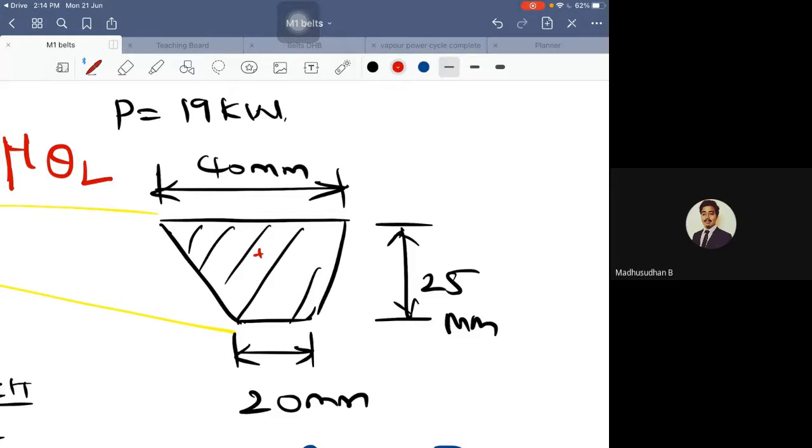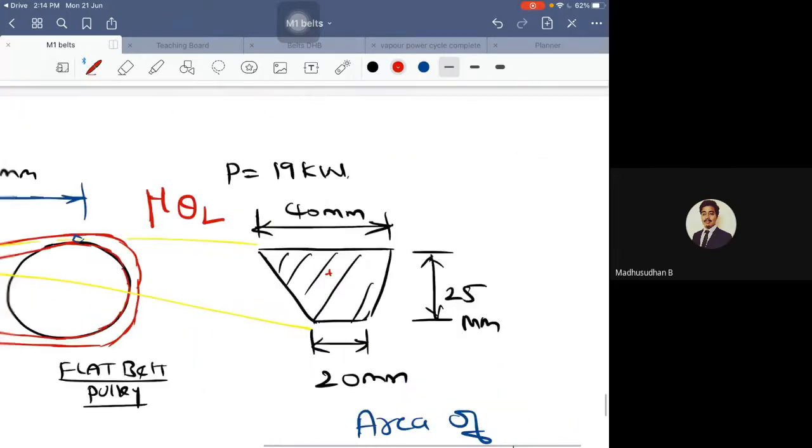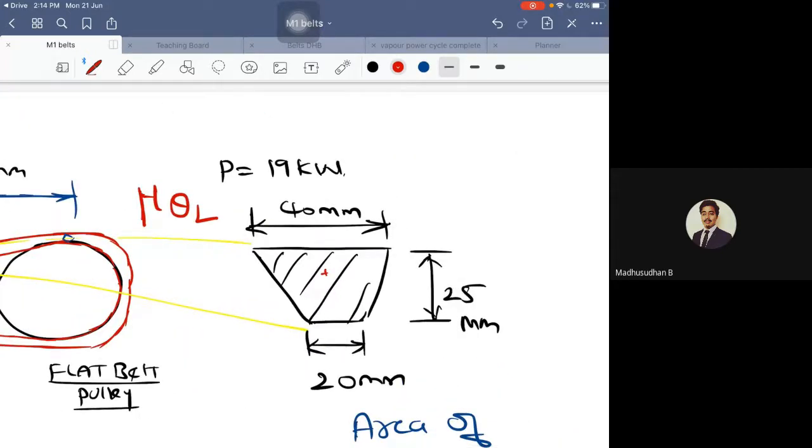Anyone? Yes, ma'am. No one knows about it? Centroid of a trapezoidal section.